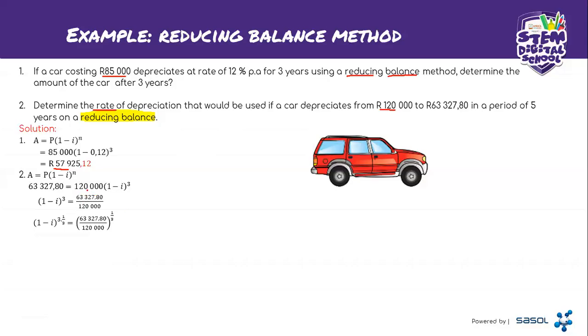Actually, we're supposed to divide with 120,000, and so what we did here, you can see we divided with 120. Therefore, in this case, we are having exponent 3, and then we have to get rid of this 3. The only way to get rid of this 3 is to multiply with 1/3, and what we did on the left hand side, we also did on the right hand side, 1/3.